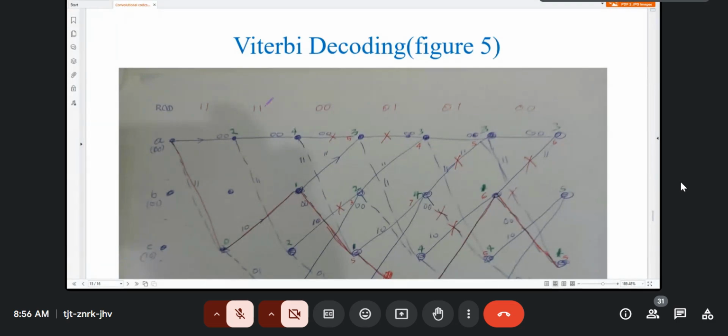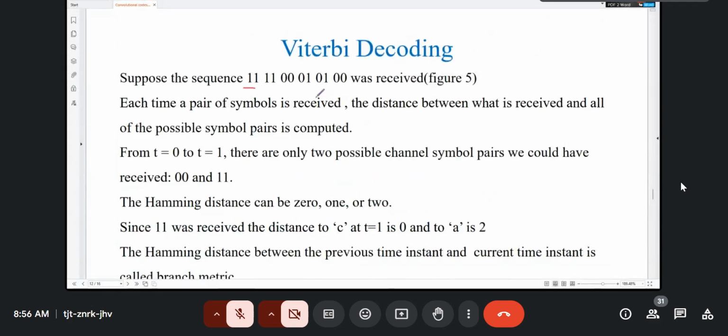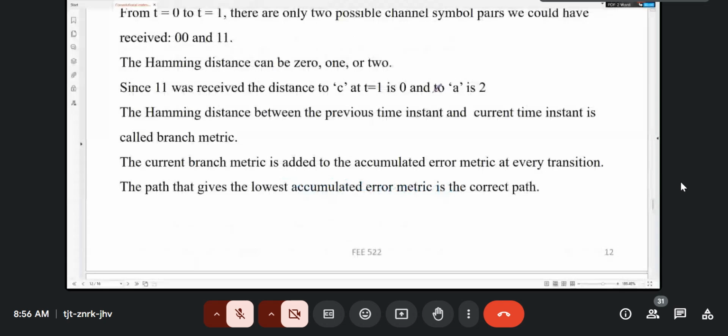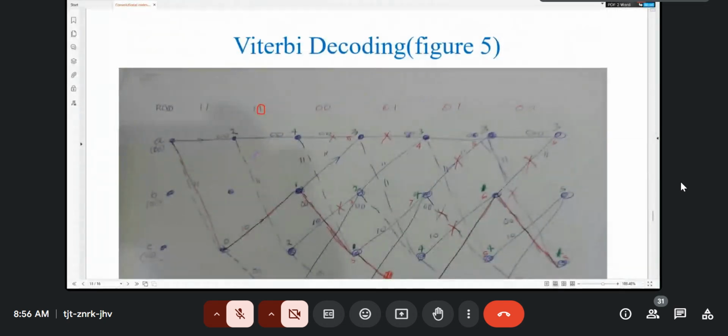So the only thing I think it is this. I was trying to show how you detect an error.